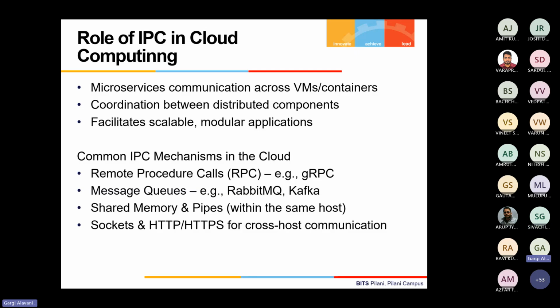You can use sockets or HTTP, which is widely used, between different services, containers, and VMs. All these different IPC mechanisms form the backbone of communication in distributed cloud systems.